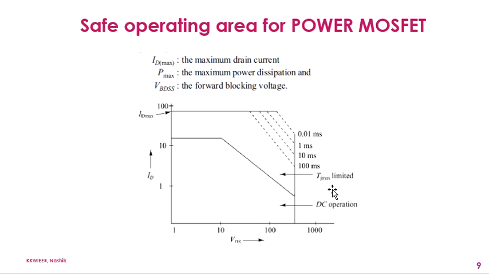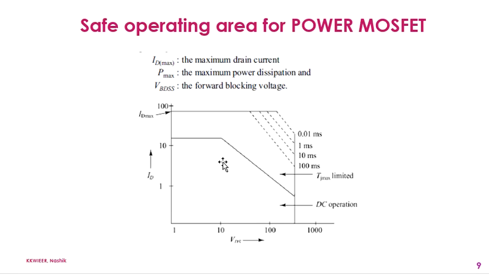This Tj depends on the amount of heat flowing across the junction. A continuous power dissipation will cause a larger rise of junction temperature than the same power for a short duration. Hence, this maximum power limit under the simultaneous application of high drain voltage and high drain current is shifted slightly upwards for a shorter duration of application.